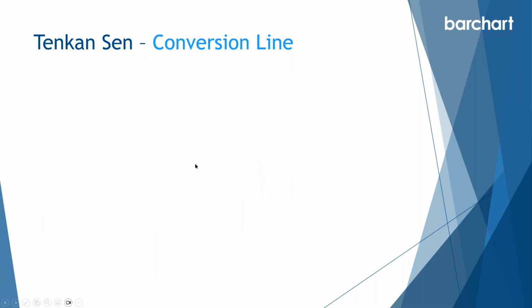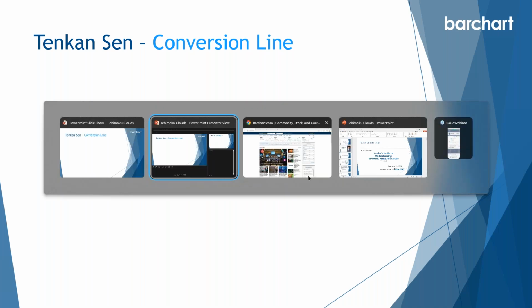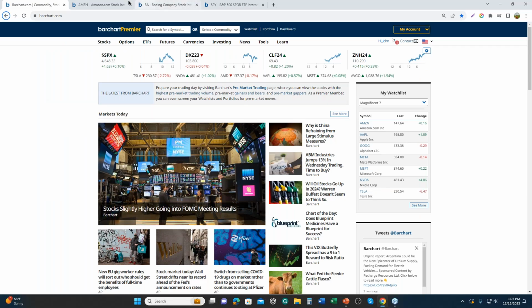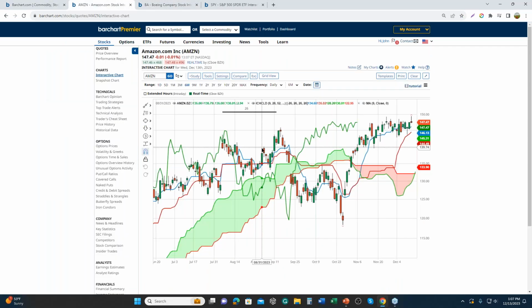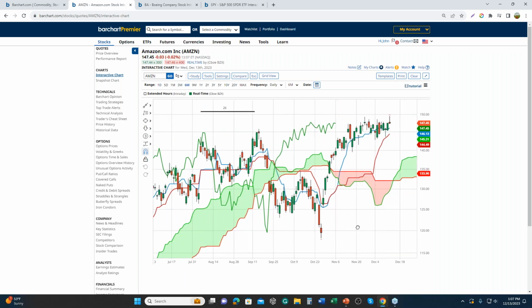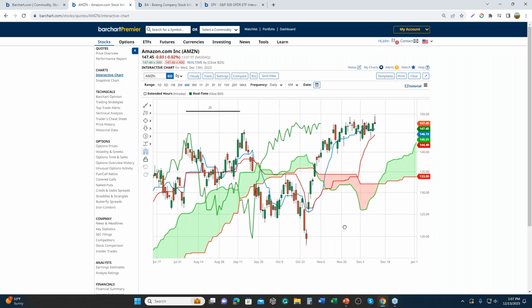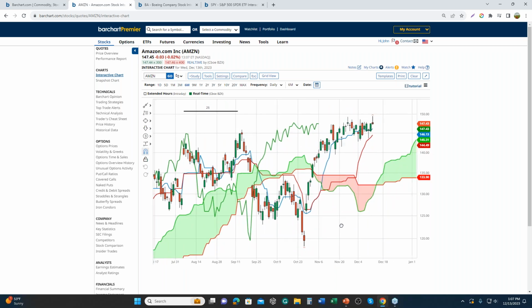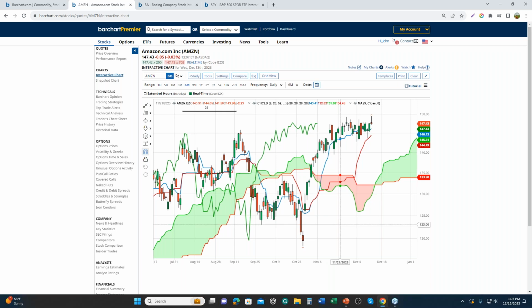So the first is the conversion line. Well, let's do this first. Let me go to this is Amazon, and again, this process is a little bit overwhelming for you, but what I want to do here is I'm going to just kind of identify these lines as we go through it in the beginning here.